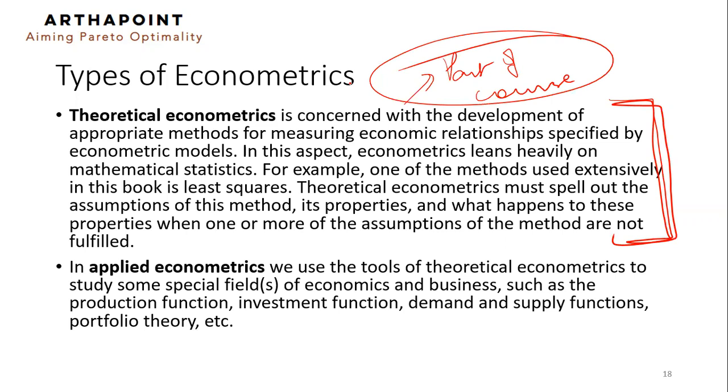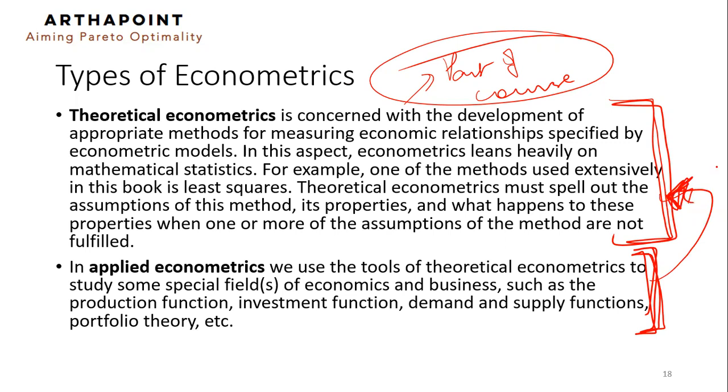So once you have all that theory in mind, you go ahead and apply that to investment function, production function, etc. This is an advanced econometrics course, something that is covered as part of another module of econometrics. But for that, this becomes a prerequisite.